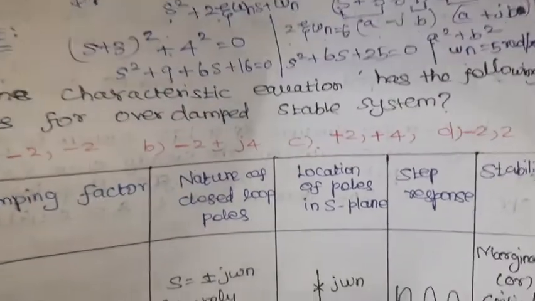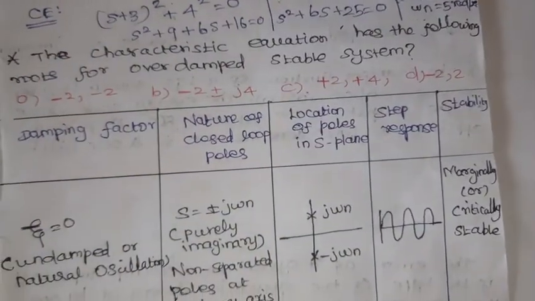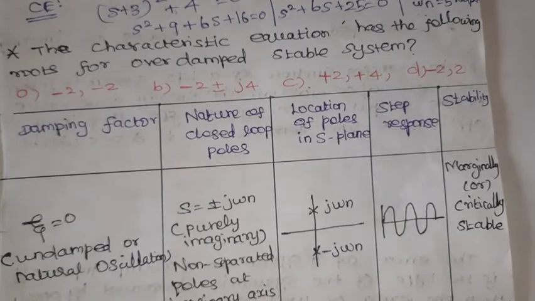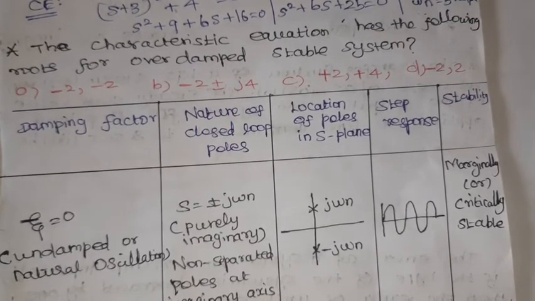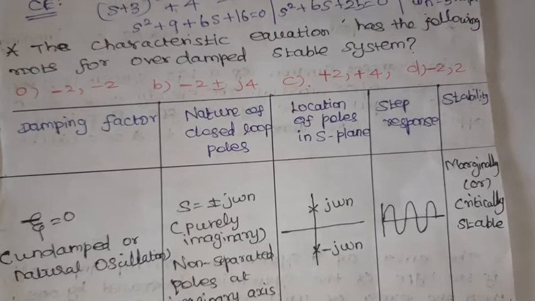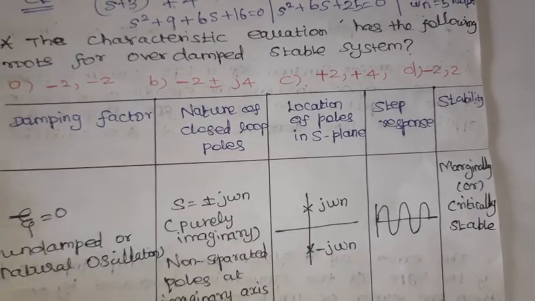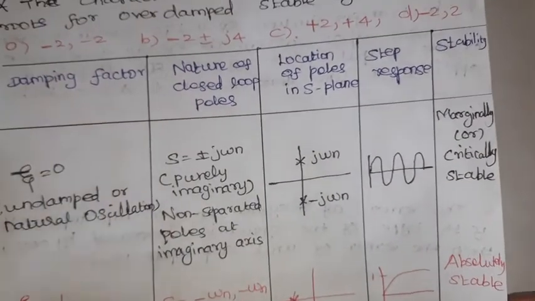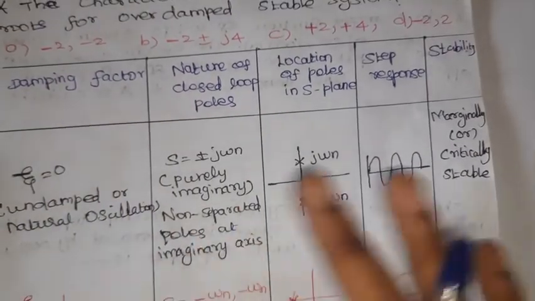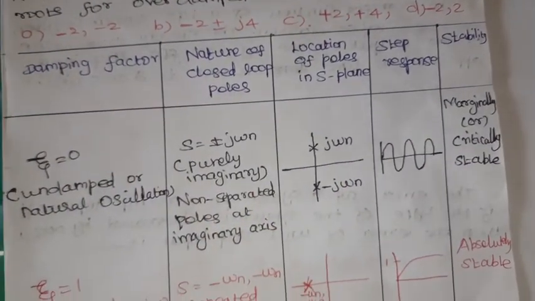Before going to that, we need to know some things: according to the damping factor and nature of closed loop poles, how the stability condition differs, and how the location of poles differs for the different types of damping systems.